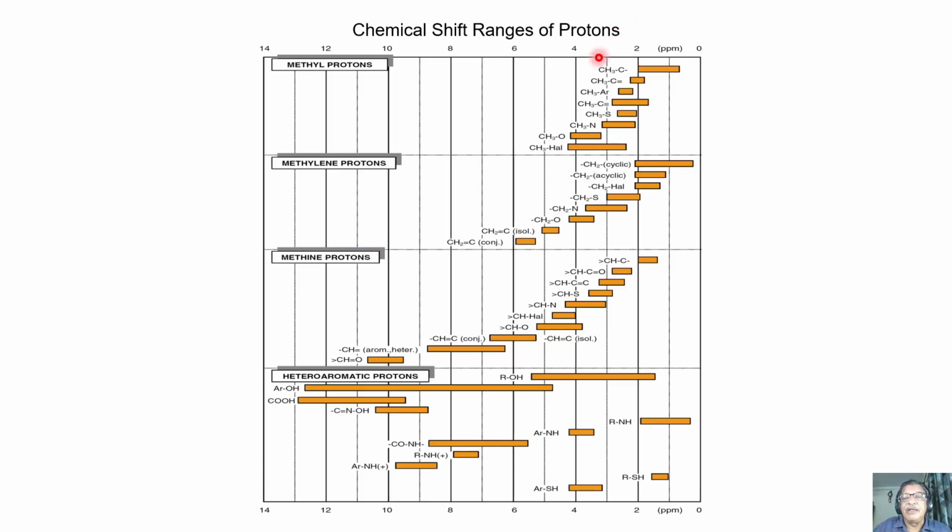For example, this CH3 methyl group in the proton spectrum comes anywhere between, let us say, 1 to 2 ppm, or not 1, 0.5 to 2 ppm. So if you see in your NMR spectrum there is a peak in this region, first, your focus for the analysis is, you should say this molecule may have a CH3 group. That should be your conclusion.